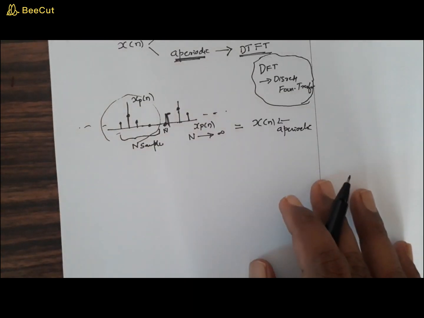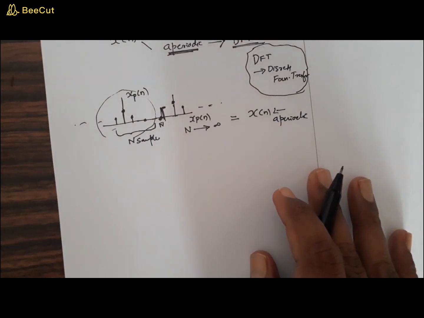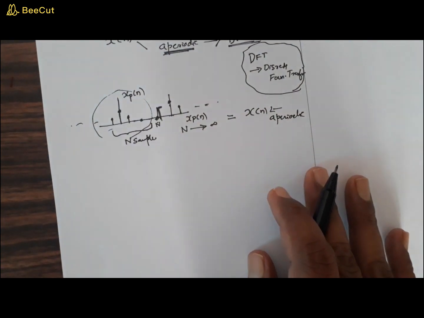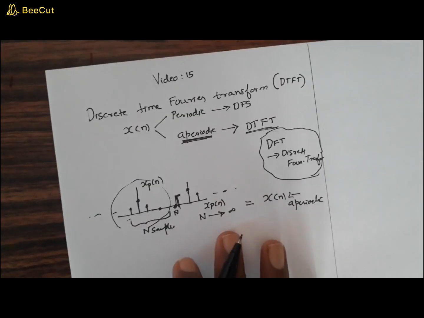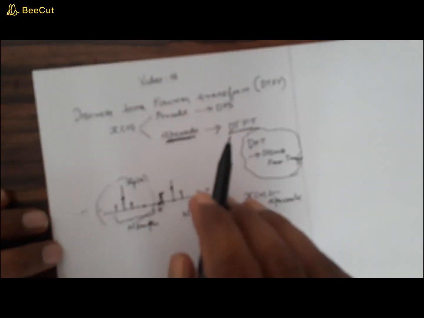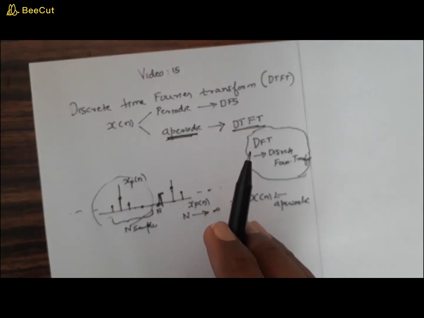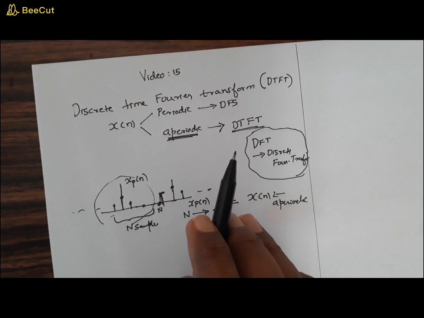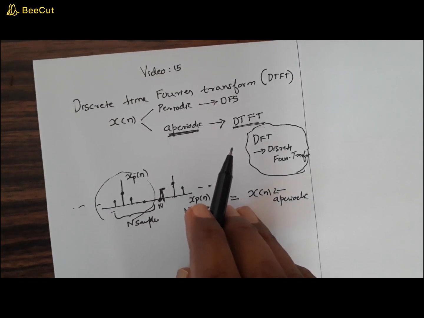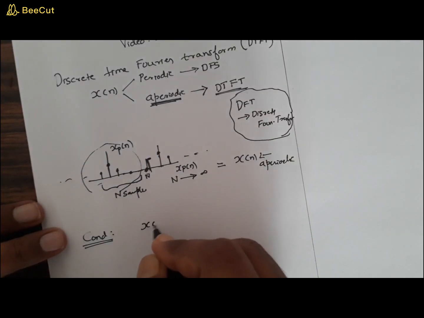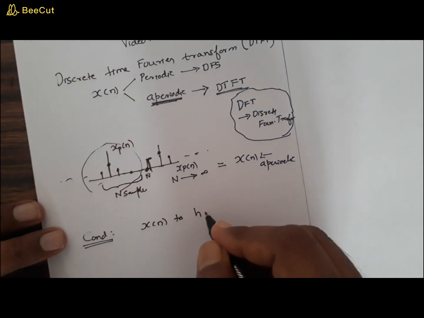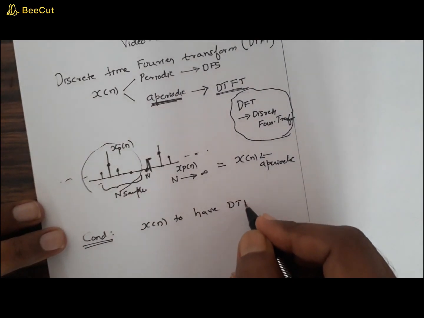Now, in order to study the frequency spectrum of an aperiodic signal, we use the tool discrete time Fourier transform. Now, what is the condition for a signal to have the discrete time Fourier transform? First of all, let's see the condition for x of n to have DTFT.